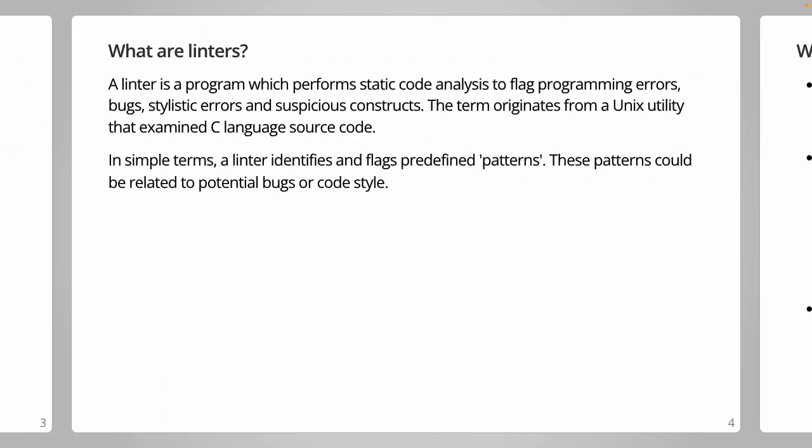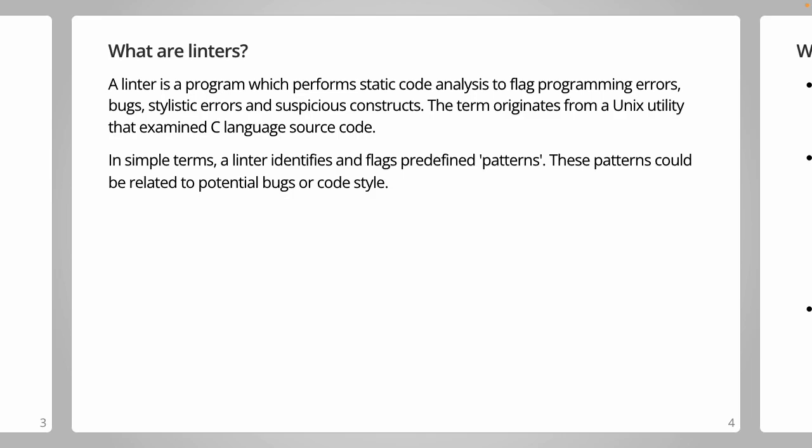All right. So what are linters? The term linter actually originates from a Unix utility. That's just a small bit of history, but a linter is basically a program which can do static code analysis. By static code analysis, what we can understand is that it's not executing the code to understand if there is any issue with it.